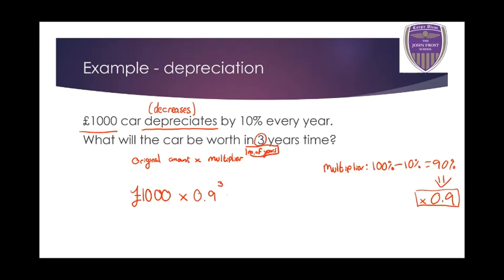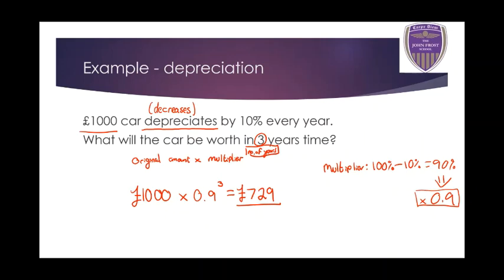So 0.9 to the power of 3. Get your calculator, 1,000 times 0.9 to the power of 3, and you should get £729. So your car has devalued from £1,000 over 3 years to £729. Exactly the same formula, except instead of a percentage increase, we're talking about percentage decreases now.